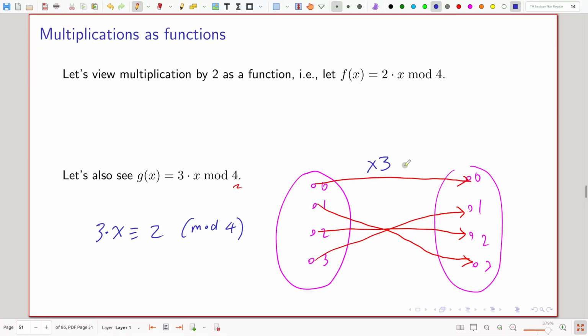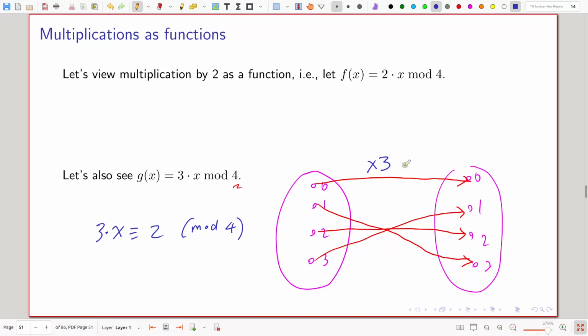But I can only do this when this function is nice. It's nice because for every number on the right hand side, there is exactly one guy on the left hand side who points to it. So now I can go back. Multiplication takes you from this to that.